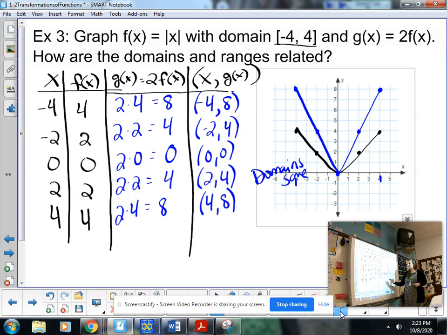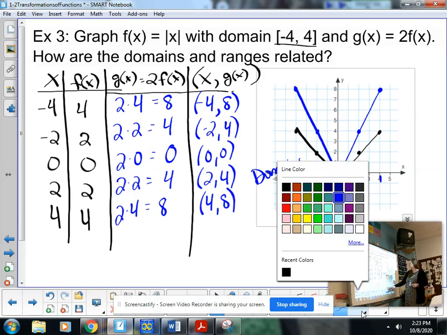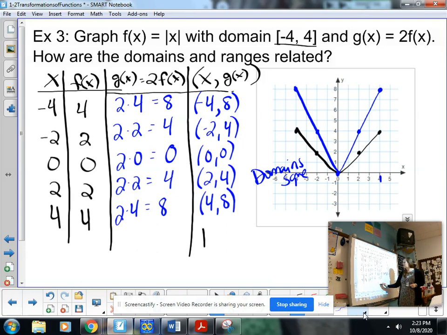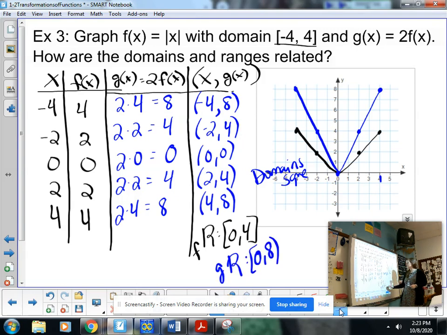However, for the range, the range of f is from 0 to 4. The range of g goes from 0 to 8. That should be a bracket instead of a parenthesis.